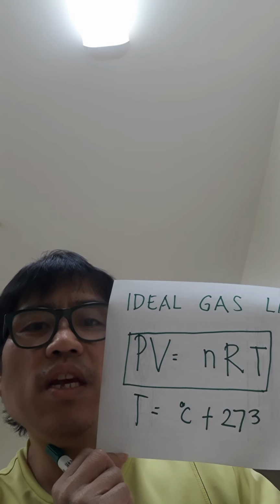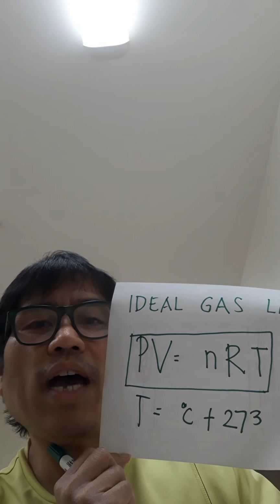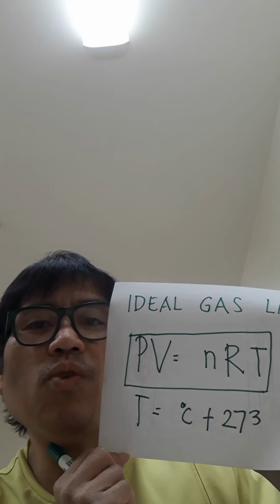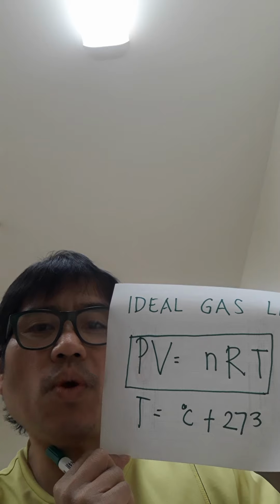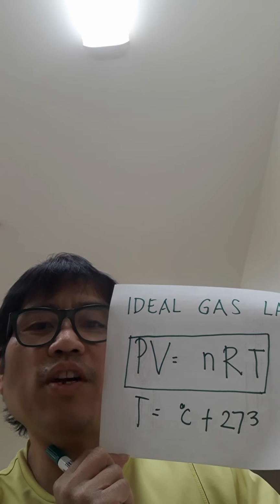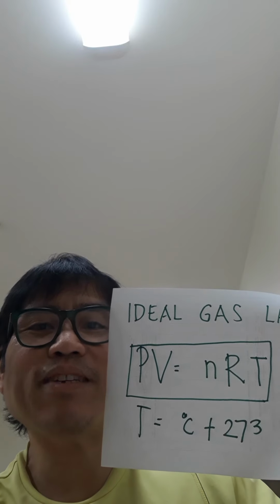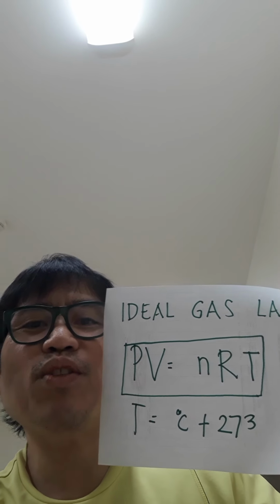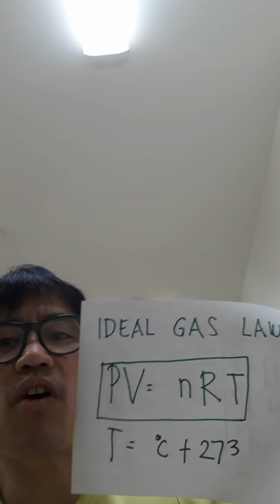This R, the universal gas constant or ideal gas constant, is equal to the product of the Boltzmann constant and the Avogadro constant. We don't have to go into detail about the Boltzmann constant and the other one, the Avogadro constant.